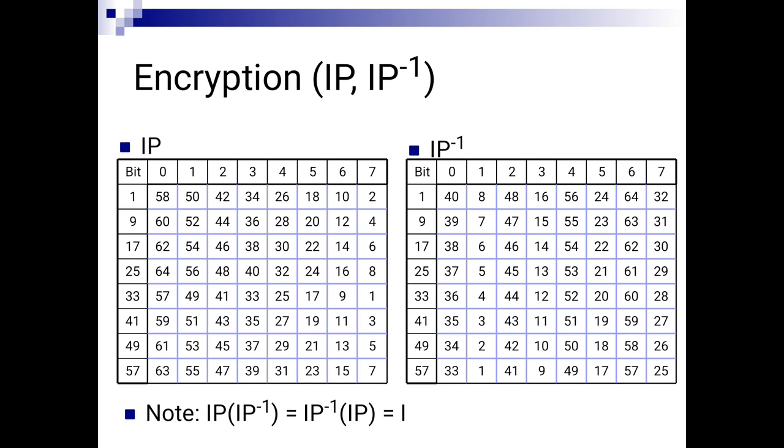The meaning is as follows: the first bit of the output is taken from the 58th bit of the input, the second bit from the 50th bit, and so on, with the last bit of the output taken from the 7th bit of the input. We are seeing on the screen the 7th bit, 58 and 50. This information is presented as a table for ease of presentation.